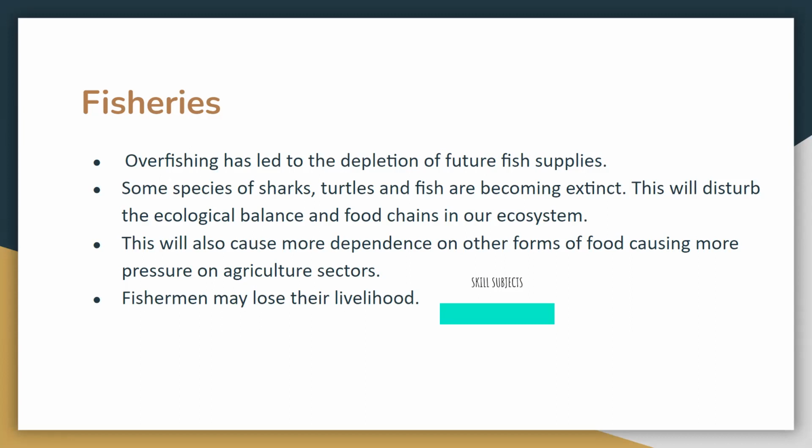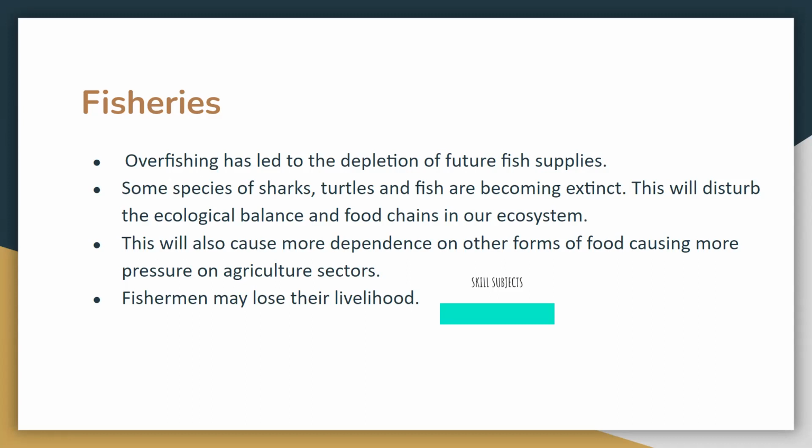We have to be very careful that we do not over hunt a particular animal or species, because the moment we do that, what happens? They start becoming extinct. This will also cause more dependence on other forms of food, causing more pressure on agriculture sectors.